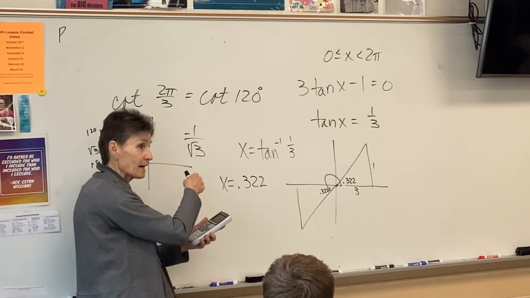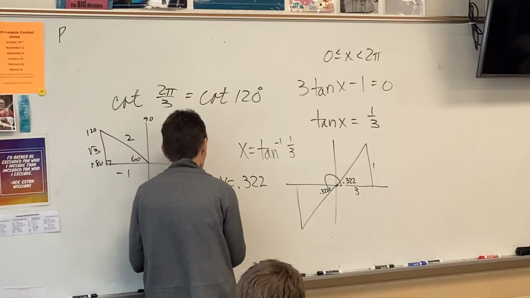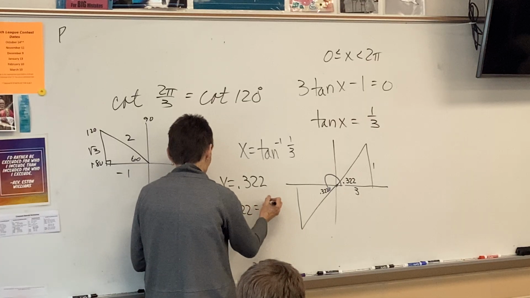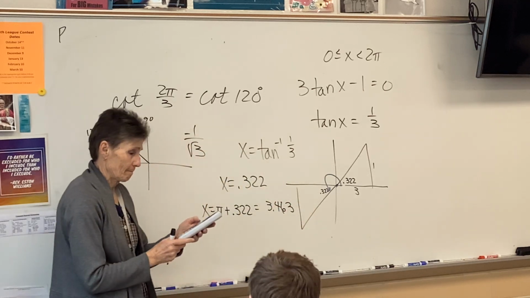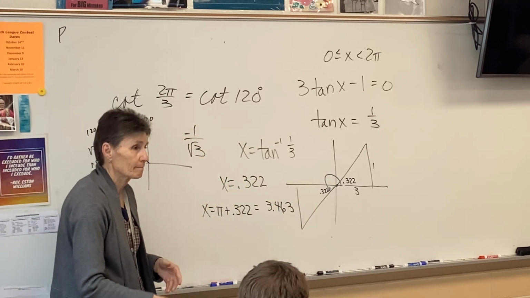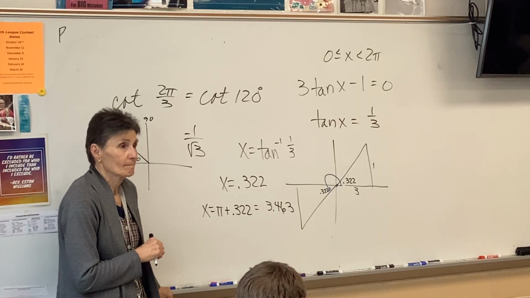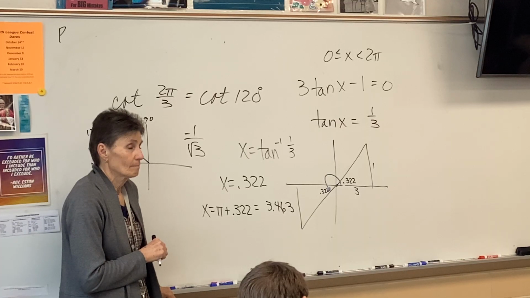So I'm just going to take that guy right there, and I'm going to add pi to it, and I'm going to get 3.463. Right? Everybody got it?